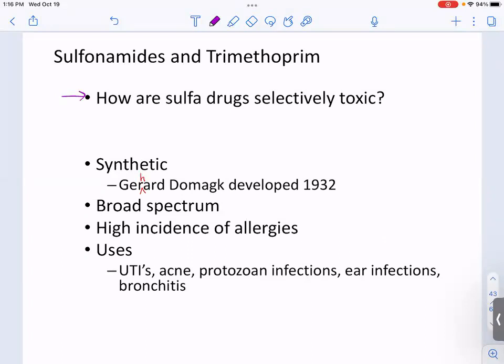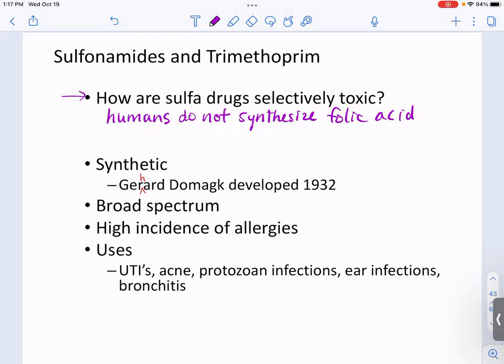And maybe your lab professor talked about this, but humans do not synthesize folic acid. Okay, we don't have that metabolic pathway. We get our folic acid from the food we eat. And in fact, we probably get a little extra folic acid from the bacteria in our guts that make a lot of folic acid. They usually make a little extra. So we get a little bit of folic acid from organisms like E. coli in our colon.